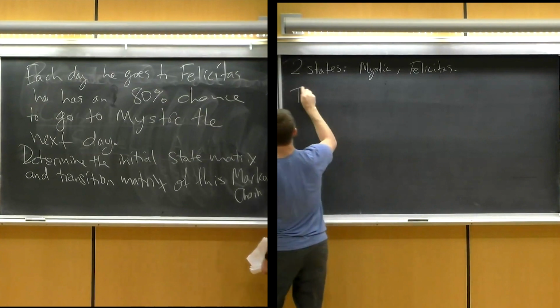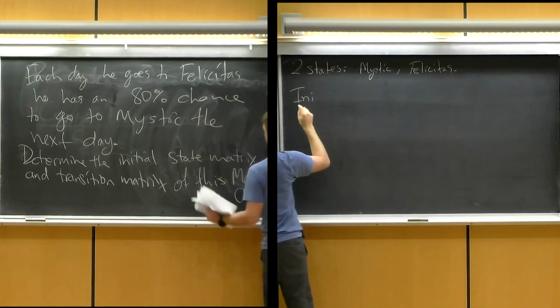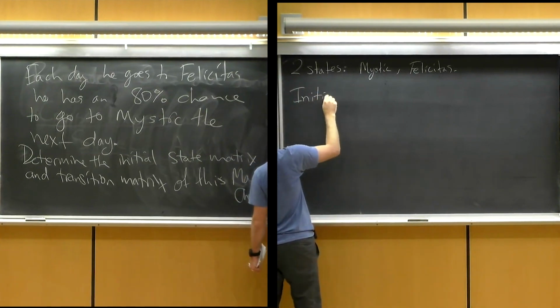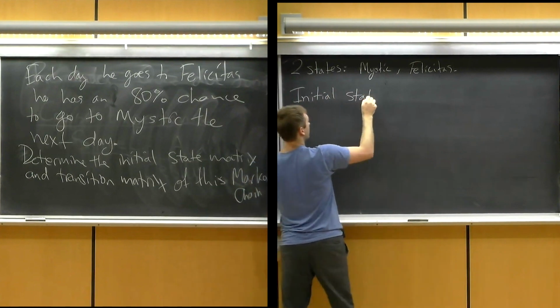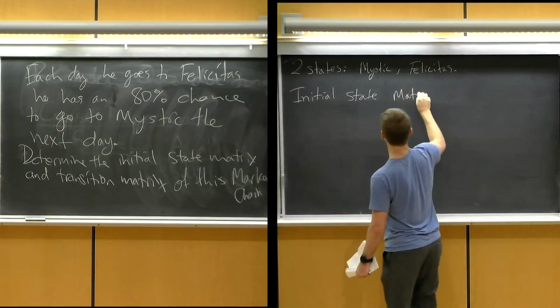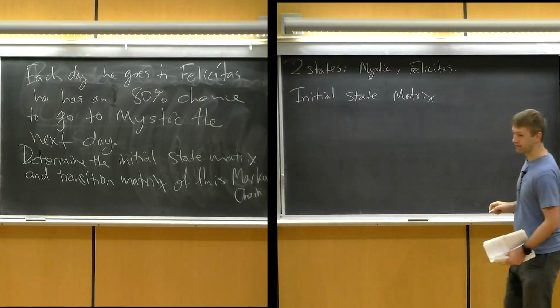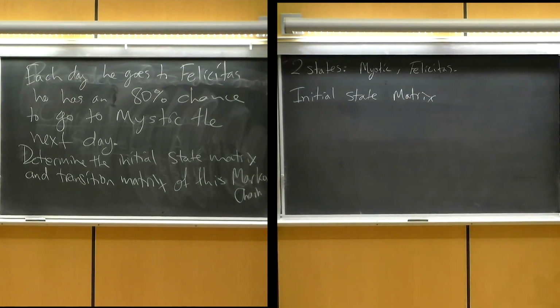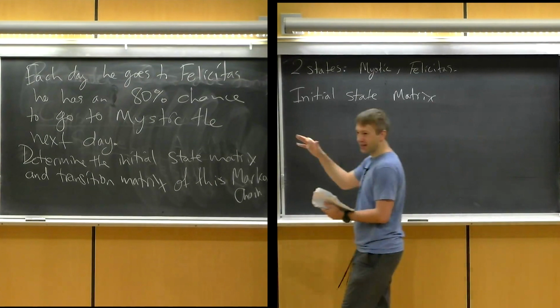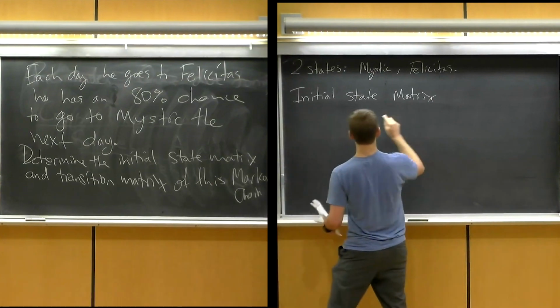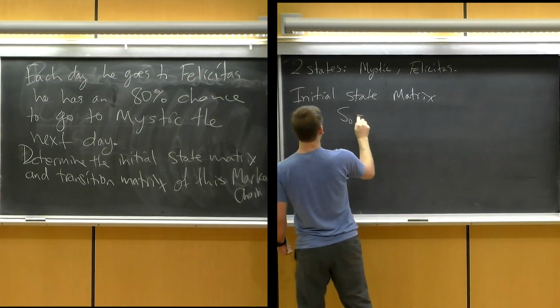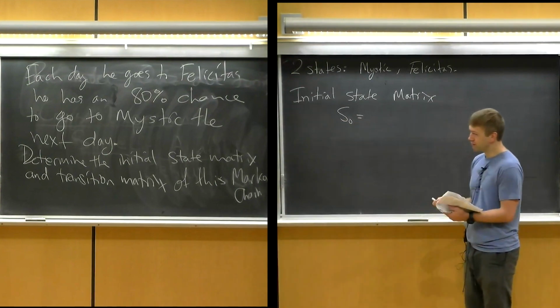So can anyone see from this problem what your initial state matrix is going to be? Yeah, exactly. That's the kind of information you should be looking for here: how does the process start out?